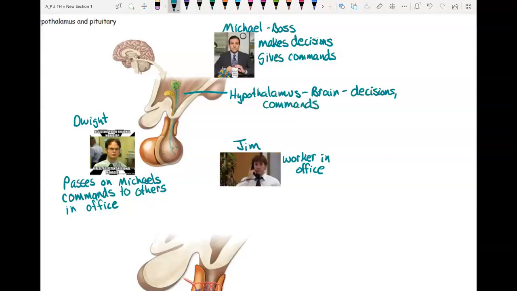It communicates those commands to the pituitary gland. And then the pituitary gland tells other parts of the body about those commands and tells them to do them.